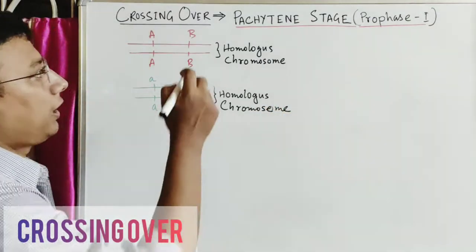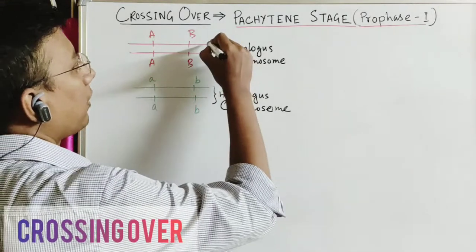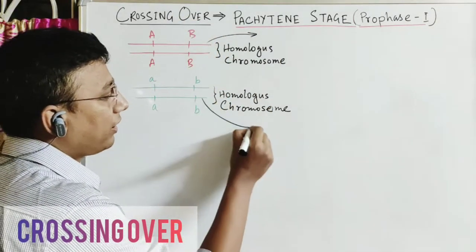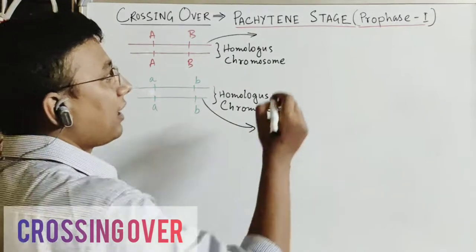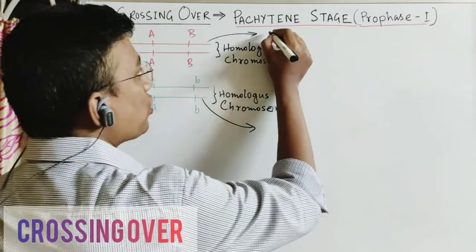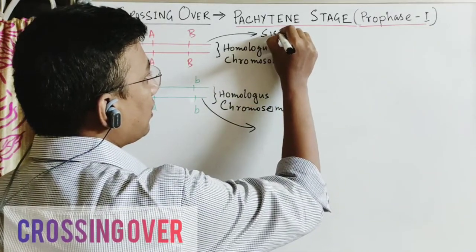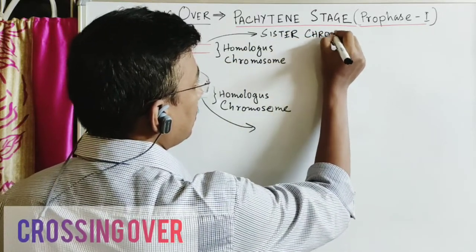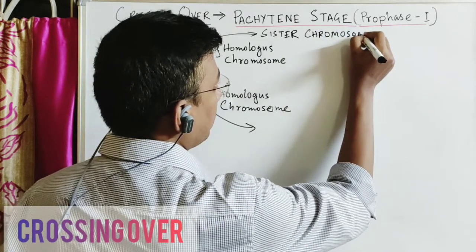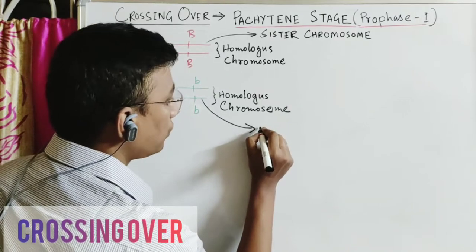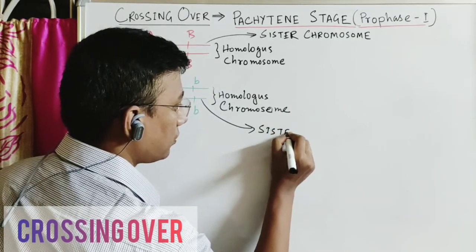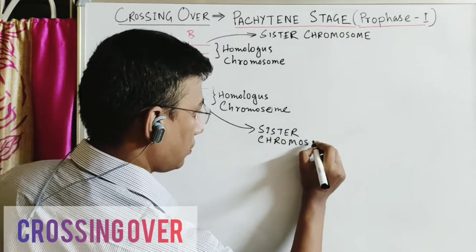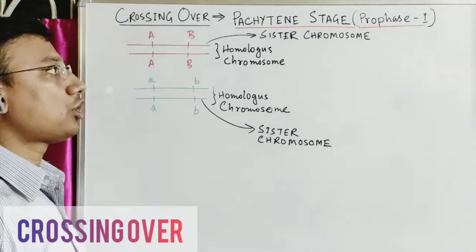Now, that specific chromosome and this chromosome are known as sister chromatids or sister chromosomes. This one and this one are also sister chromosomes.